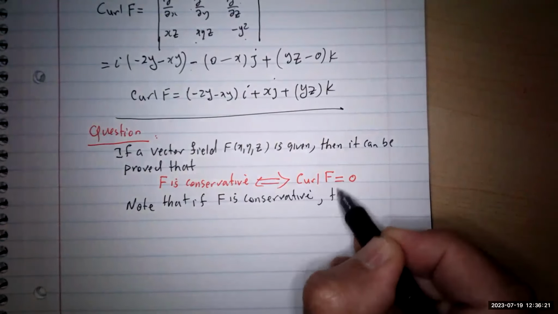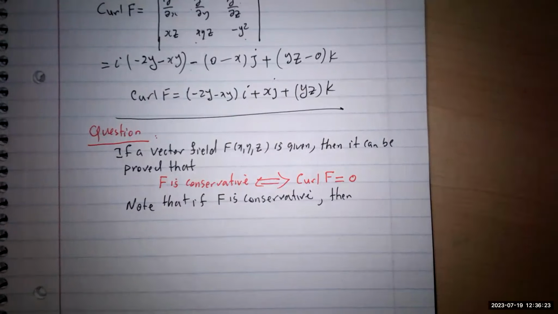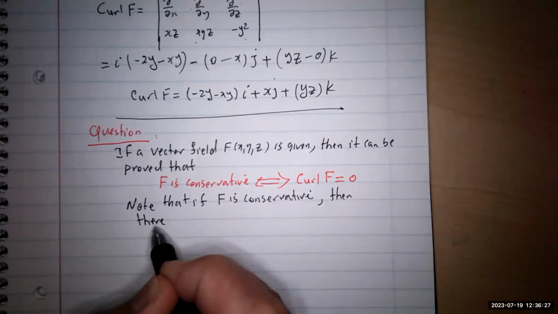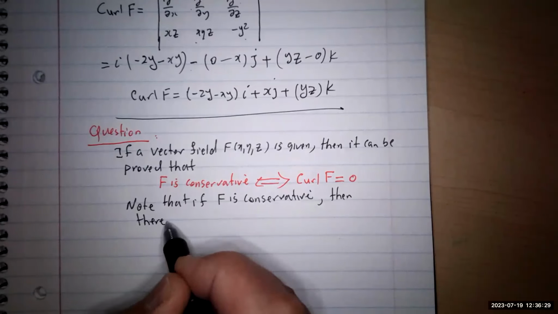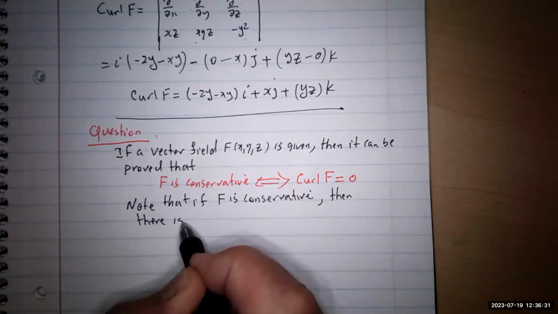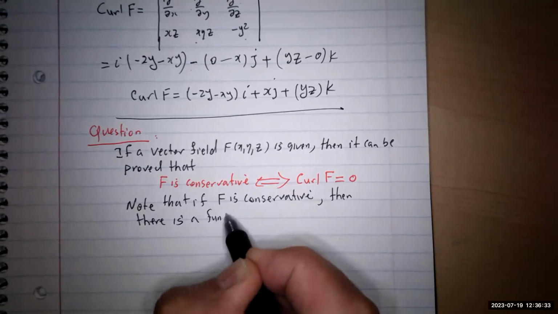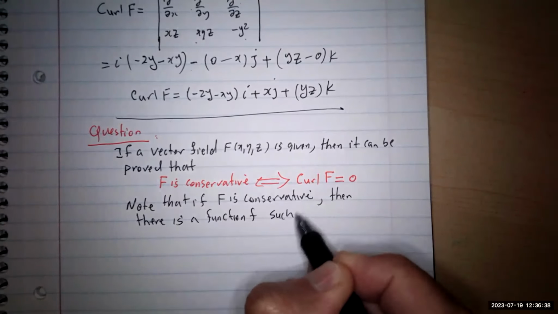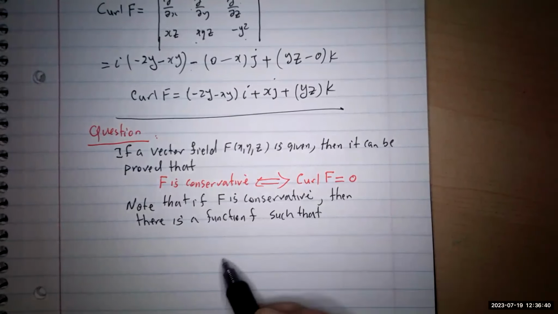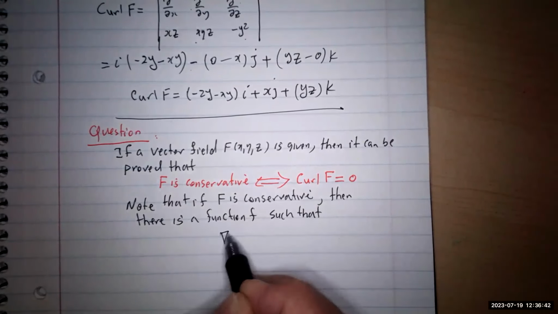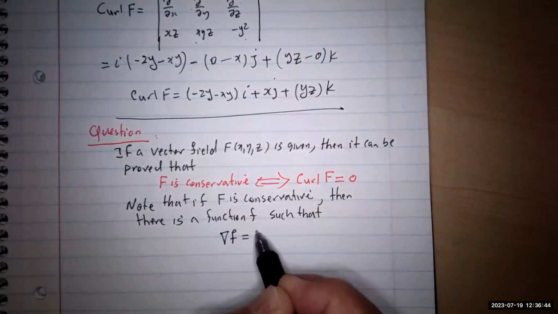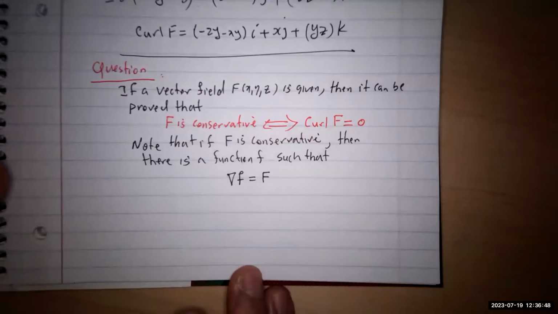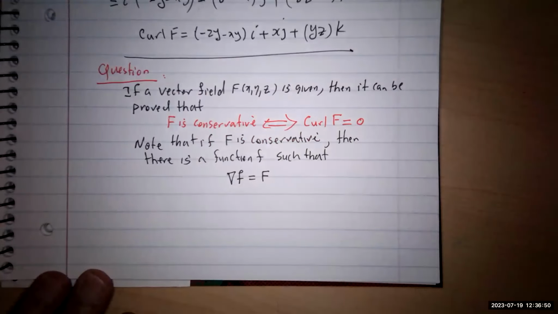If F is conservative, then there is a potential function f such that the gradient of f is equal to F. You know that this is the definition of conservative. I want to prove that the curl of F is 0.